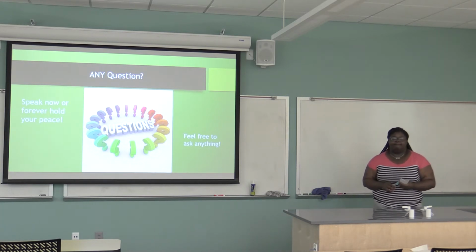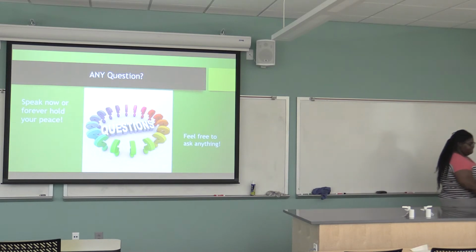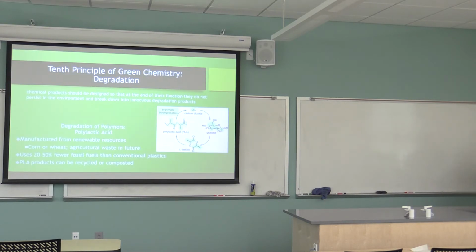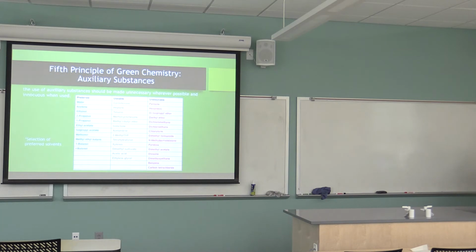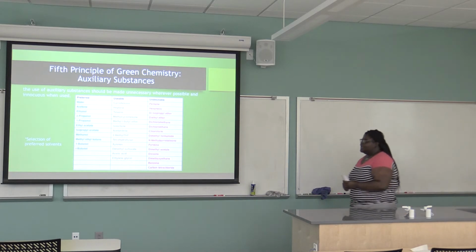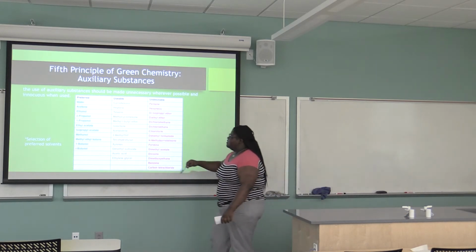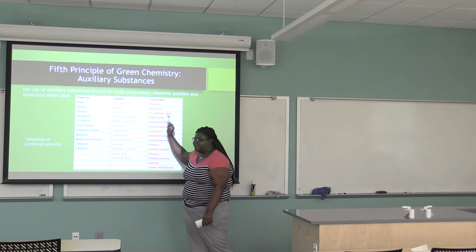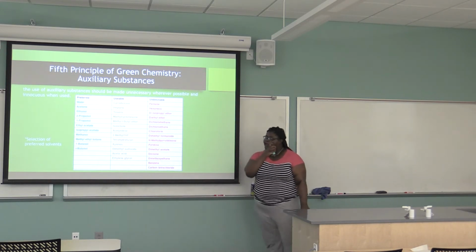If you go back to your auxiliary substances. Did you ever find out whether these were just talking about solvents, since all these are solvents? Yes, they were solvents, and the preferred ones go down each row, not across.